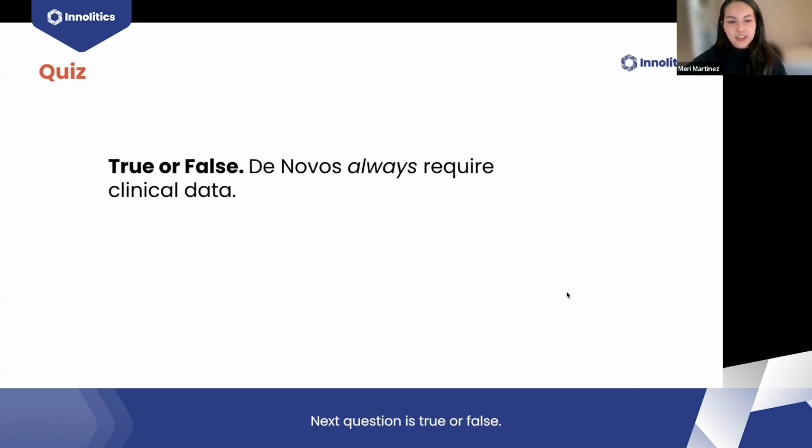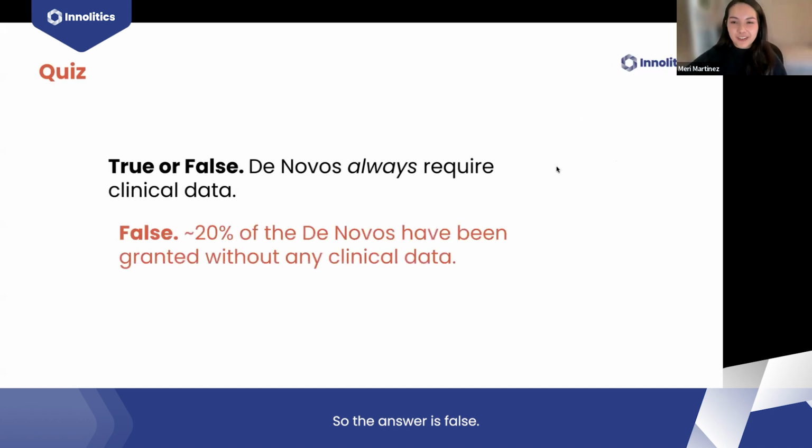All right, next question is true or false? De novos always require clinical data. Okay, so the answer is false. Historically, although most de novos do require clinical data, about 20% of them have not.